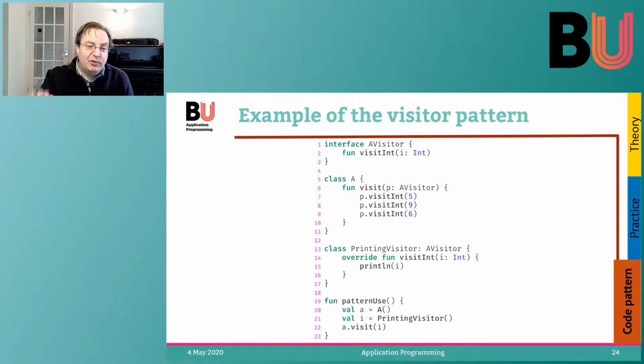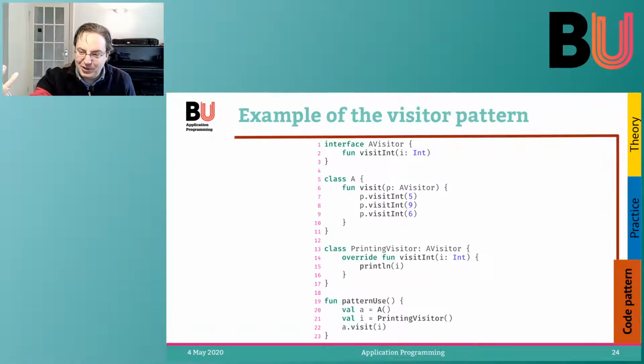Or you have different objects that implement visit in a different way. So you call the visit function with the visitor, and your first function says, okay, I need to do this.